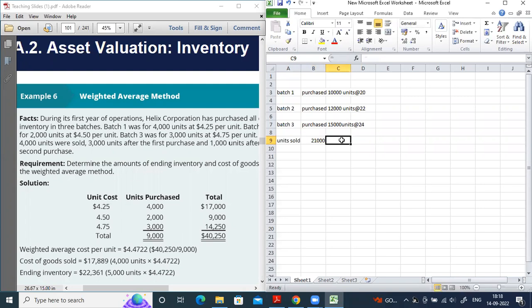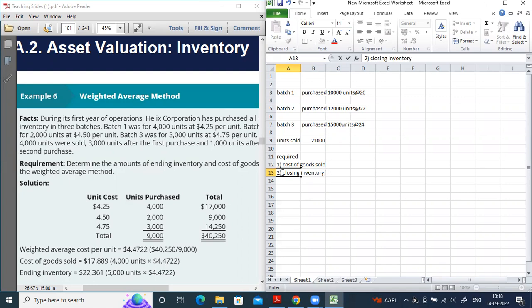21,000 units were sold. Now, what do you need to compute? You should first compute the cost of goods sold. Then you should also compute the closing stock, or nothing but closing inventory.